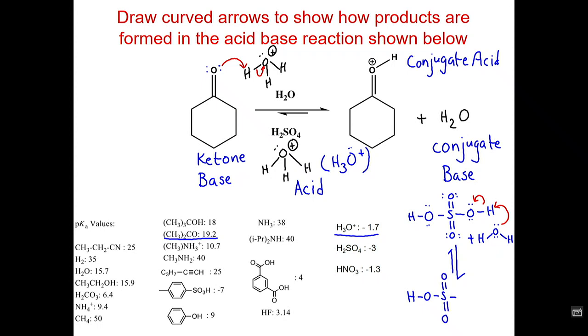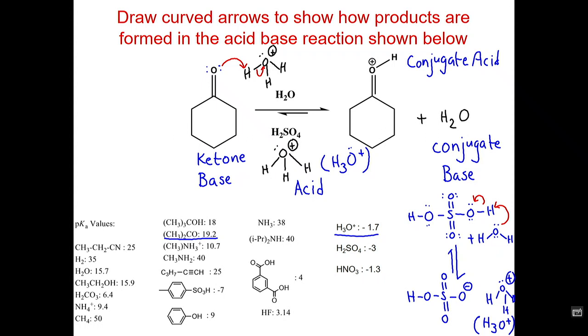HSO4 minus is the conjugate base, and you form hydronium in the reaction, which is the acid that you are going to use to protonate the ketone.